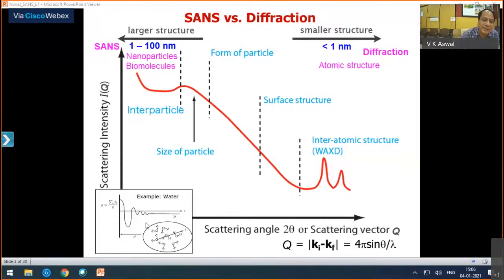And for that, it will be represented by the average scattering length density, the sum over 2 hydrogen and 1 oxygen. So this is important. Only when you go to high Q values do you start seeing these atoms and molecules. But in small angle neutron scattering, these molecules will be seen as one unit governed by the scattering length density of the water molecule.